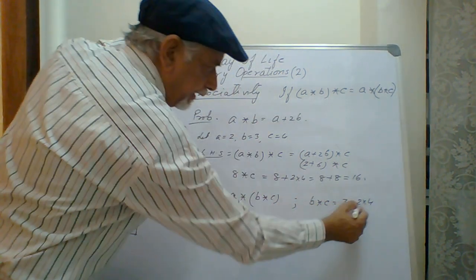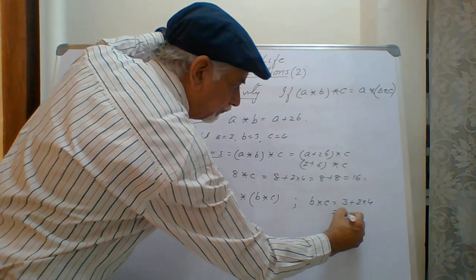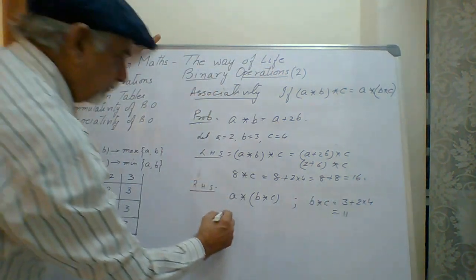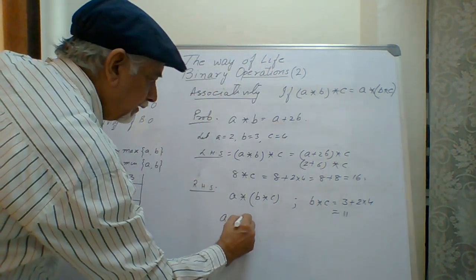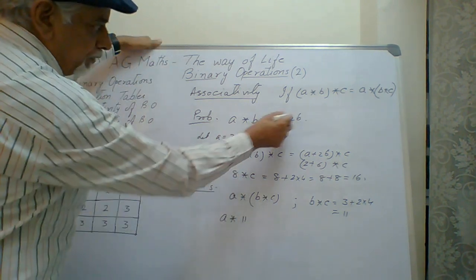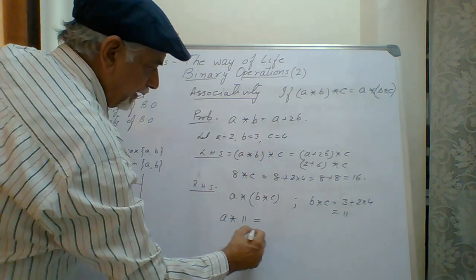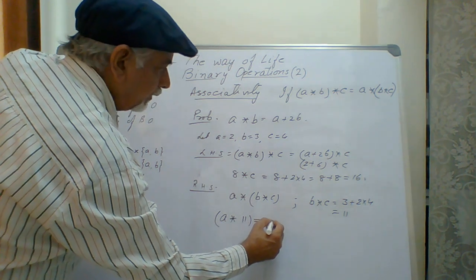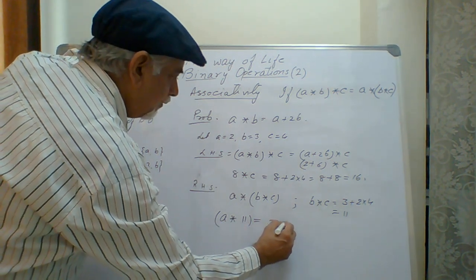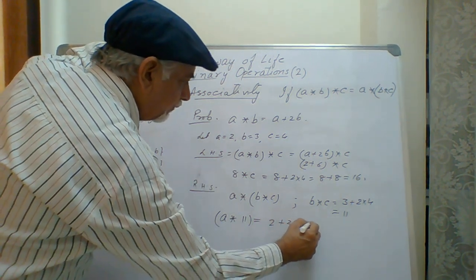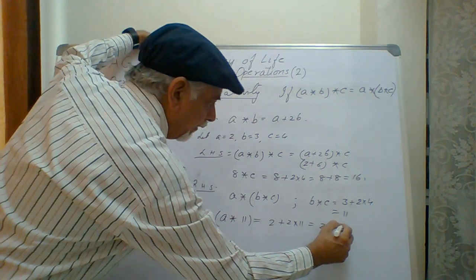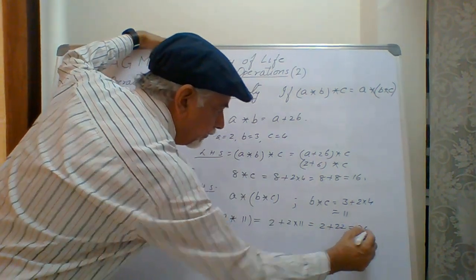So it becomes 8 and 3 is 11. Now we get A binary 11. Again, using this relation, we write 2 plus 2 times 11, which is 2 plus 22, and the answer is 24.